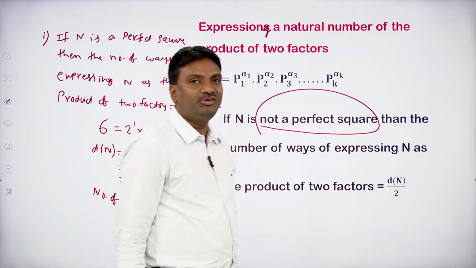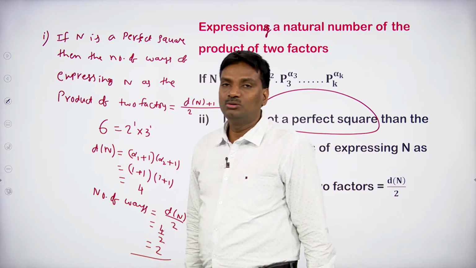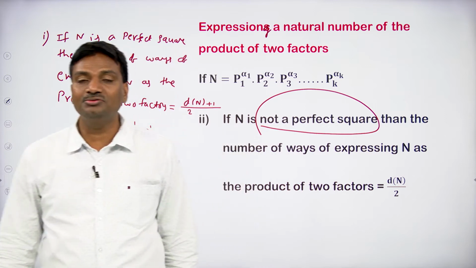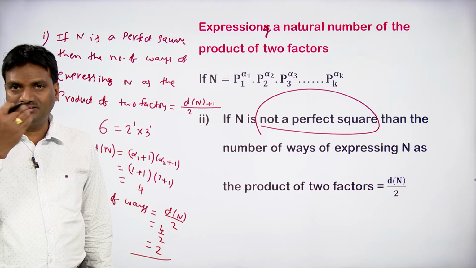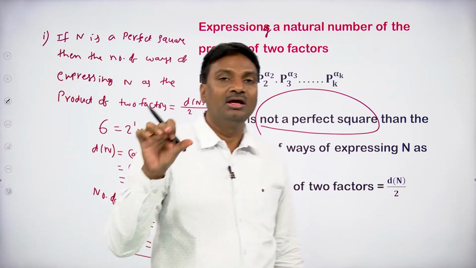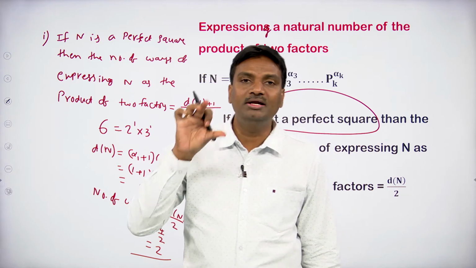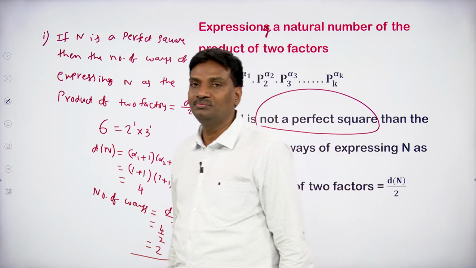In two ways we can express the number 6 as the product of two factors. Those two ways are 1 into 6 and 2 into 3.